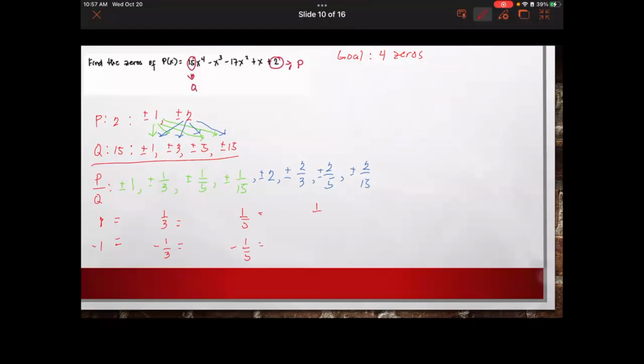Tapos, 1 over 15 and negative 1 over 15. Tapos, 2 and negative 2. Tapos, 2/3 and negative 2/3. Tapos 2 over 5 and negative 2 over 5. Tapos 2 over 15 and negative 2 over 15.